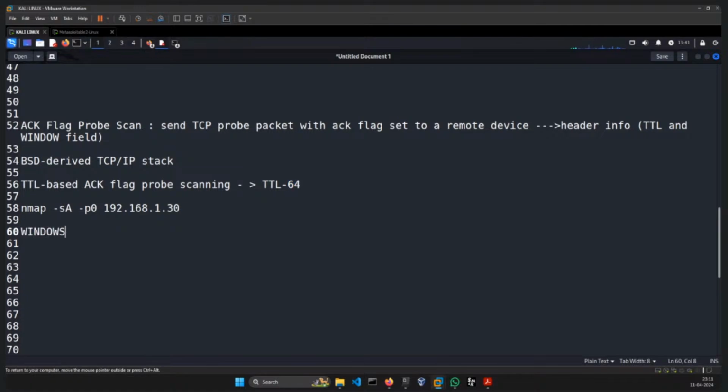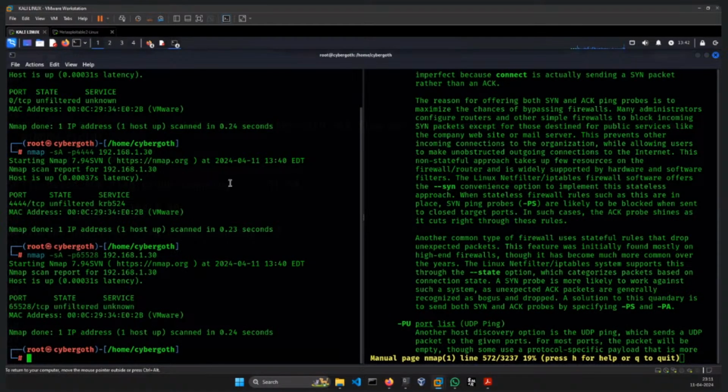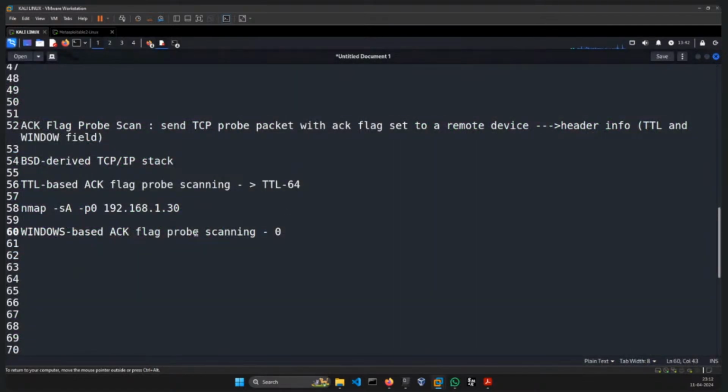the window based ACK flag probe scanning. In this one, what you do, the window size, right? So the window size is usually 0 bytes. In normal scanning, it's 0 bytes. Now, whatever it is other than 0, that should be open.